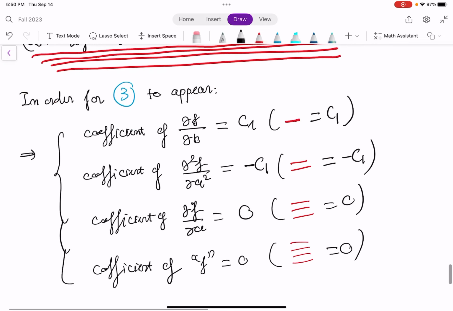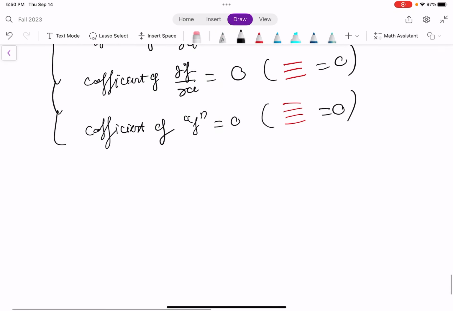Okay, so you have a system of equations, and remember your goal is to find b and a. Once you find a and b, you can get f and g. Okay, so let me remind the goal.